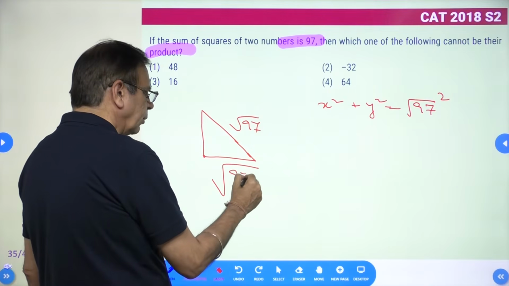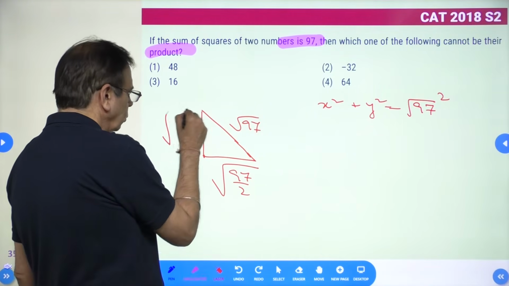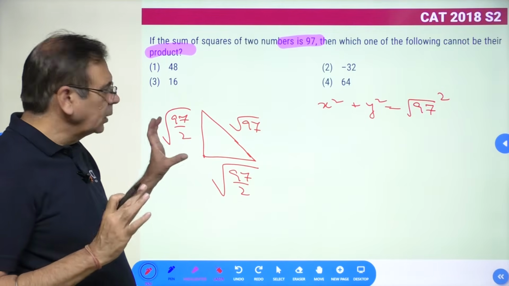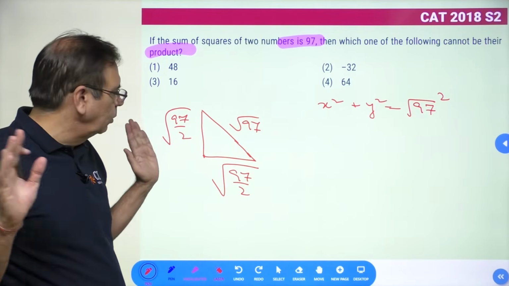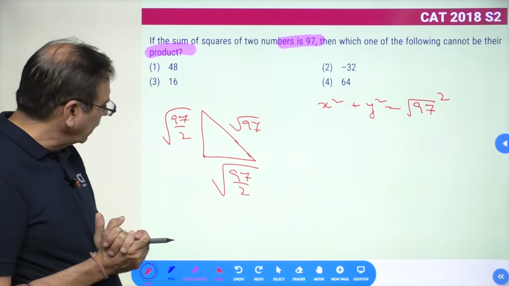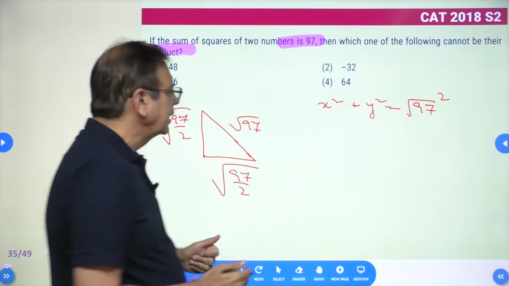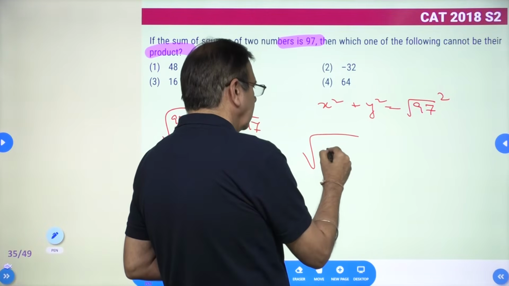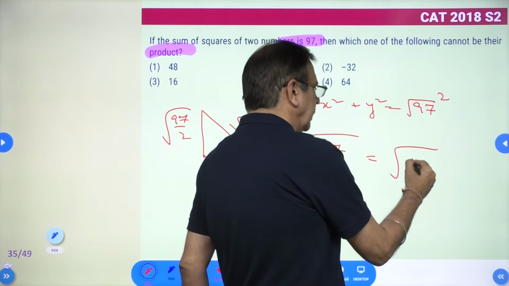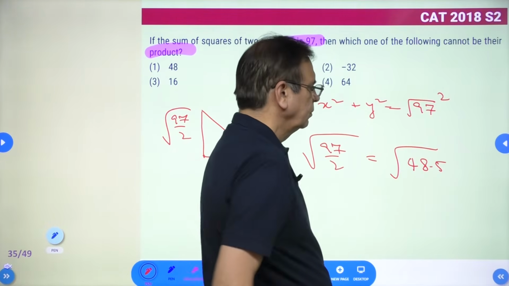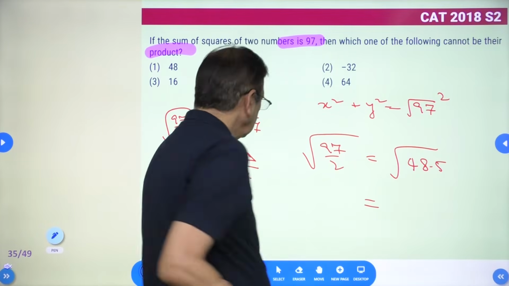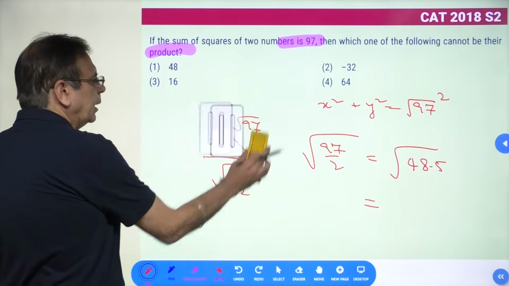Under root of 97 by 2 and under root of 97 by 2. So what will this give me? This will give me the extreme value. Okay. So how much is under root 97 by 2? Under root of 97 by 2 is equal to under root of 48.5.